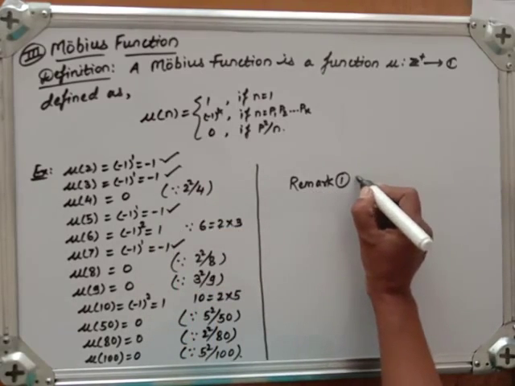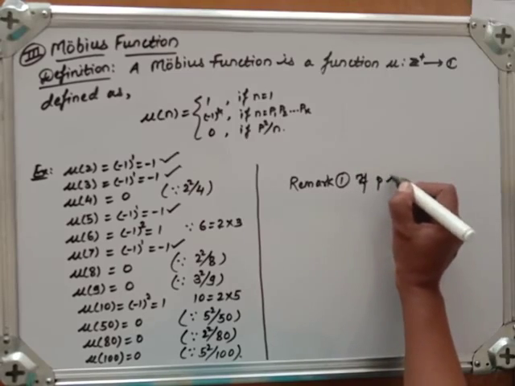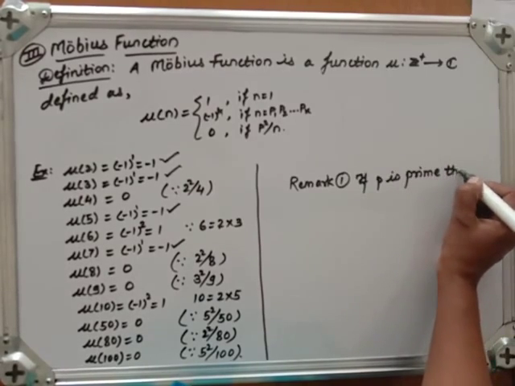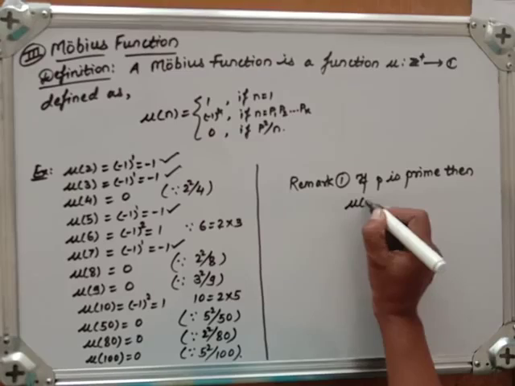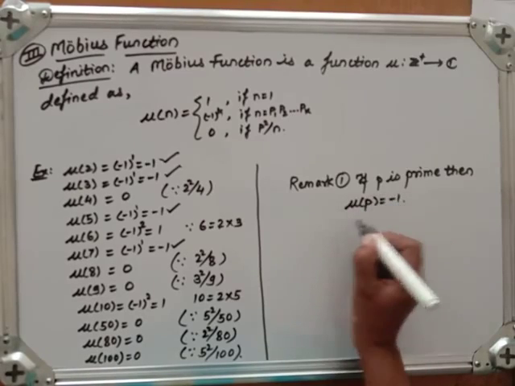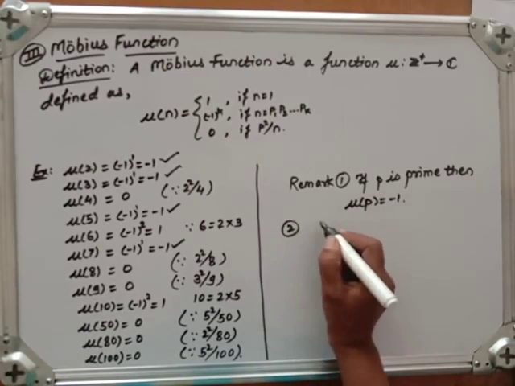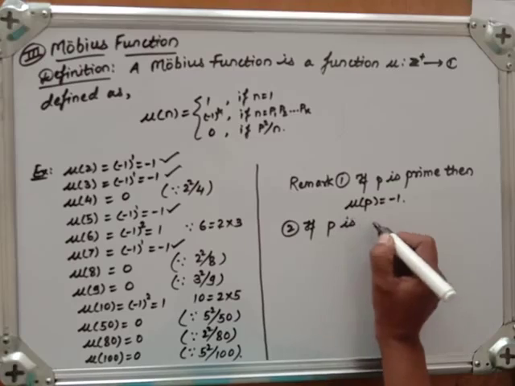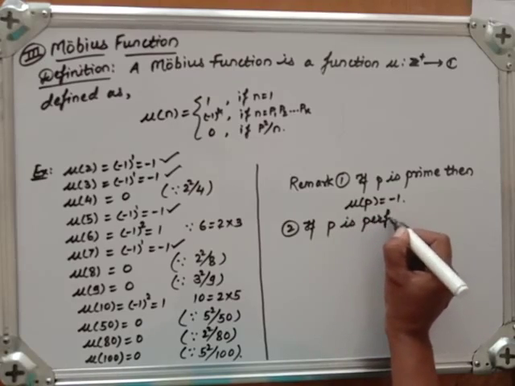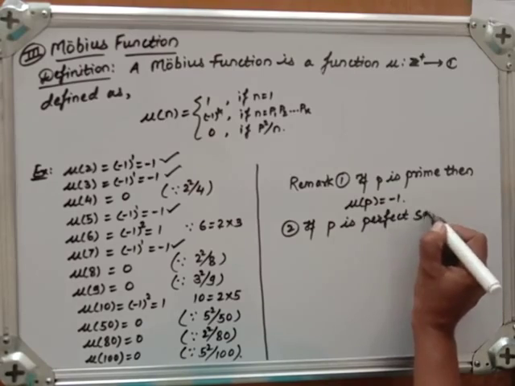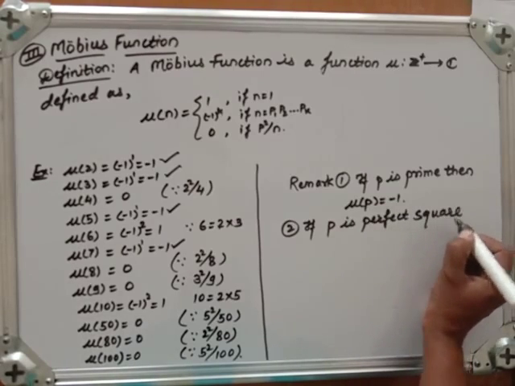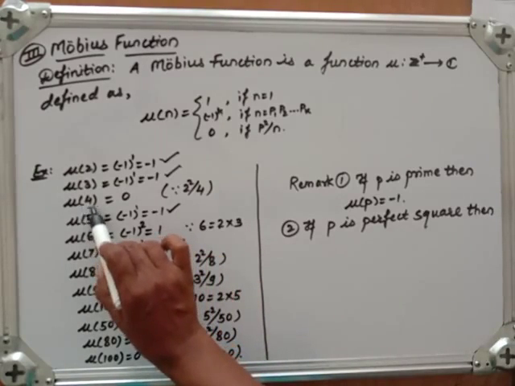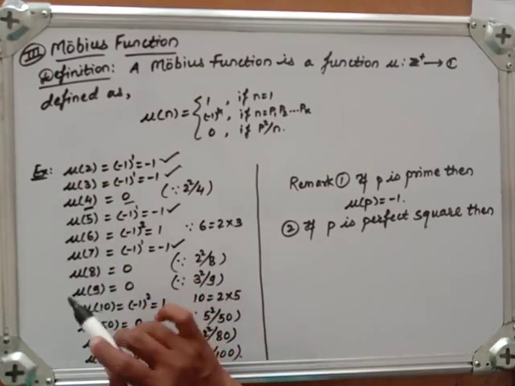Remark 1. If p is prime, then mu of p is equal to -1. Then second remark, you can say if n is a perfect square, then look at here. 4 is a perfect square number, so it is 0.